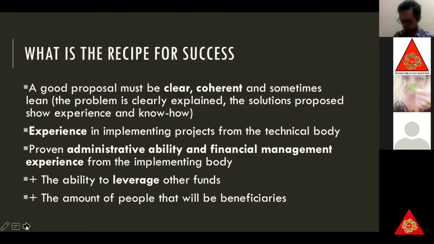The other additional thing is the number of people that will be beneficiaries, because usually donors don't want two small projects that only benefit, let's say, 5 families or a group of 10 persons. Those are too small projects. Most of the time, donors want something like 100,000 people benefited.